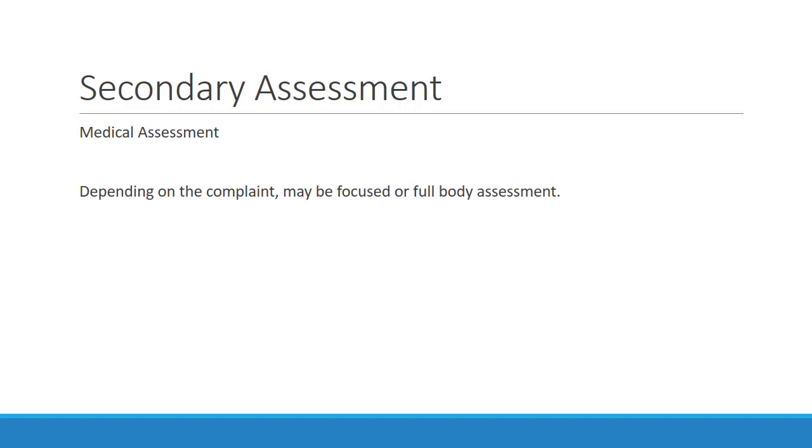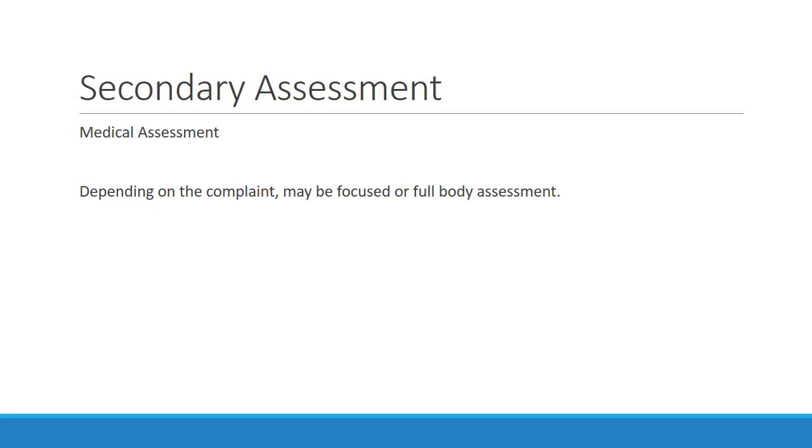So now we're going to talk about the medical assessment. Depending on the complaint, as I mentioned earlier, it can be a focused or full body assessment. If your patient has, for example, abdominal pain, say they've been throwing up, you may focus your assessment around the abdomen. But if they have cardiac pain, or if you suspect they're having a stroke, then you're going to need to expand your assessment to a full body assessment.